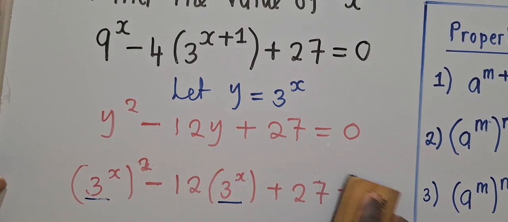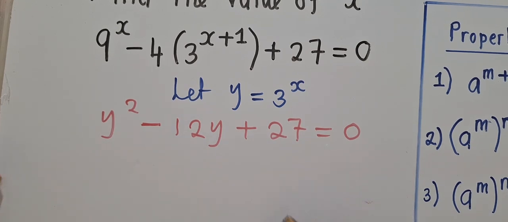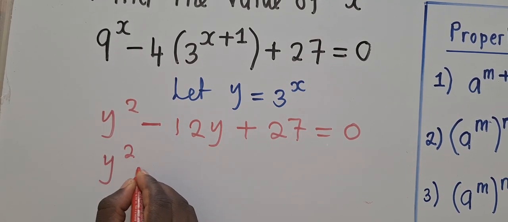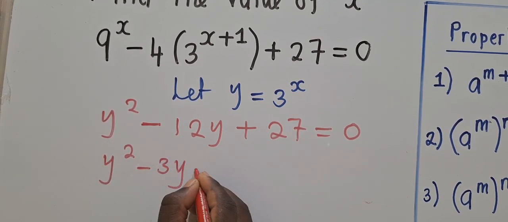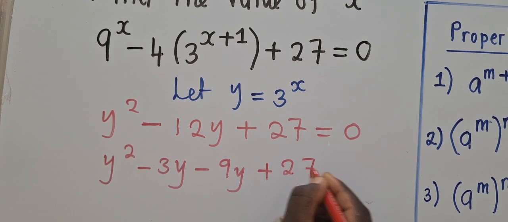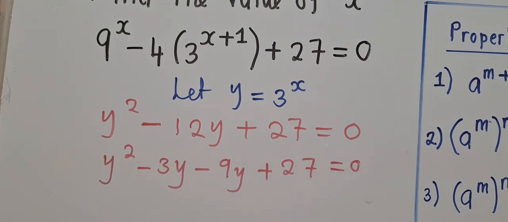So we've now gotten a quadratic equation which we need to solve. We can solve this quadratic equation by factorization method. I'm not going to talk much about how to solve a quadratic equation. You can do your research on how to solve the quadratic equation by factorization method. This is how it will look.